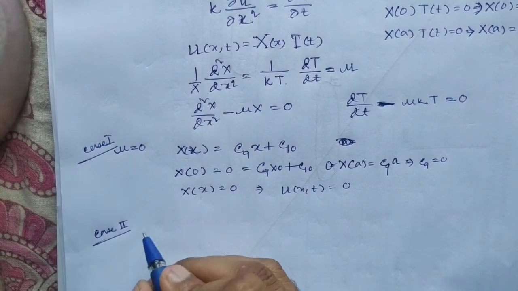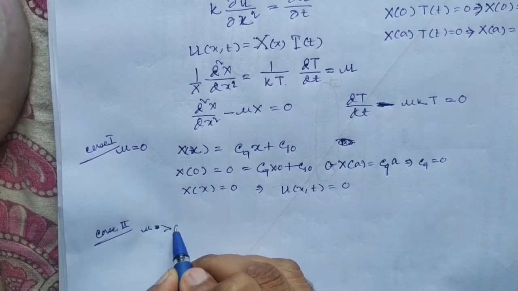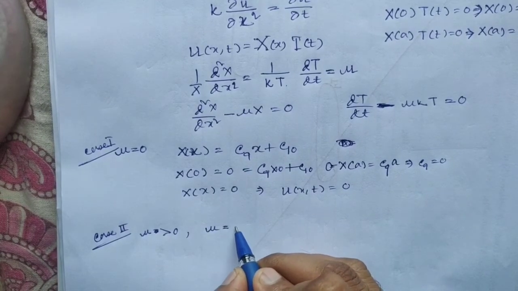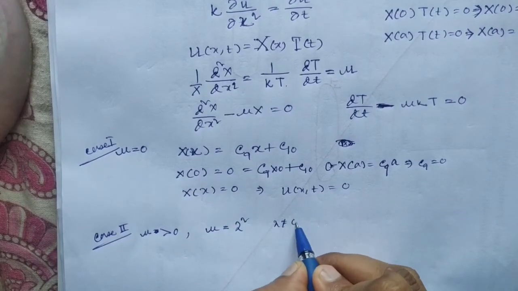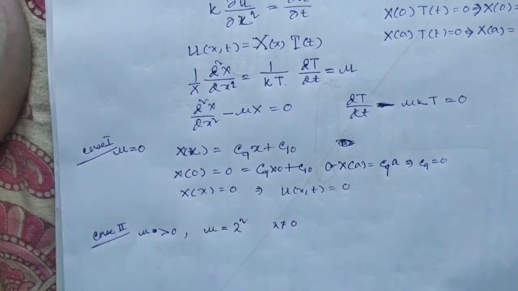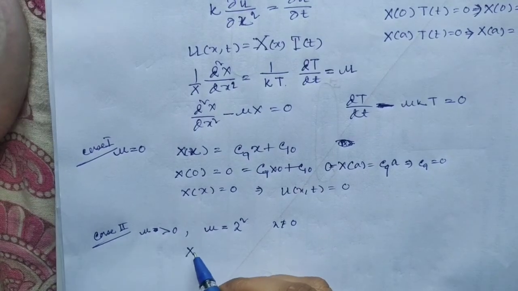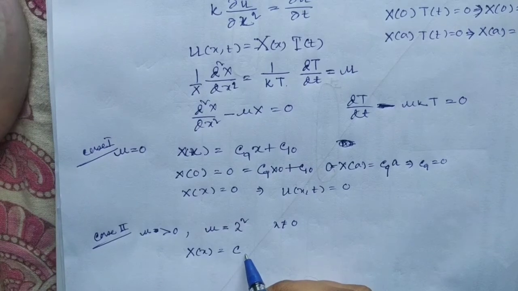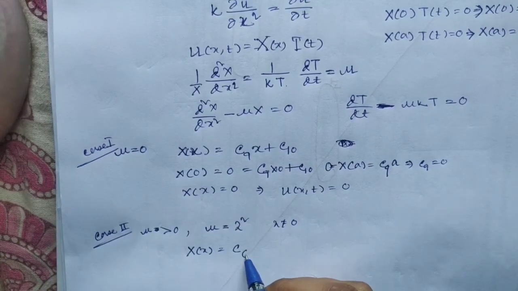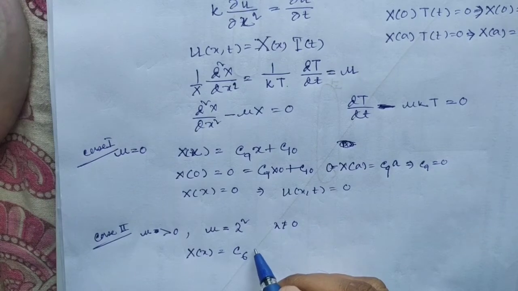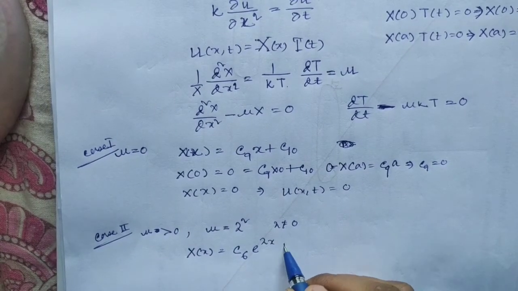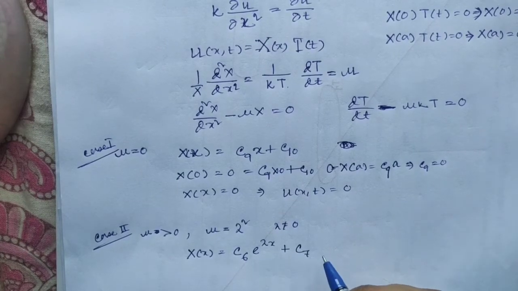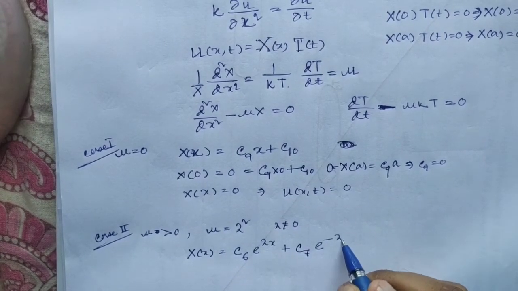Now case 2. This is mu greater than 0. Say mu is some lambda square, and lambda is not equal to 0. From the first equation, you know that we have X equal to some C6 e to the power lambda x plus C7 e to the power minus lambda x.